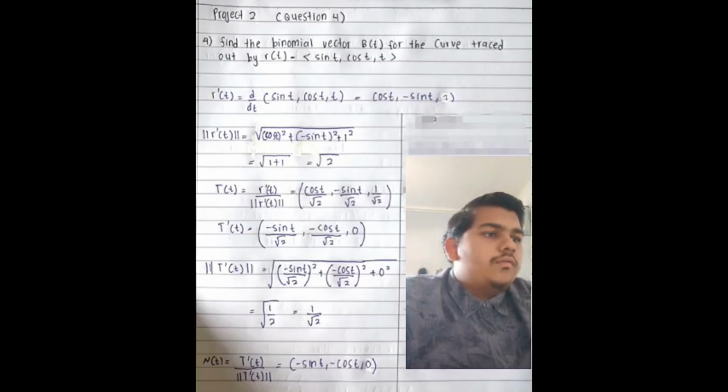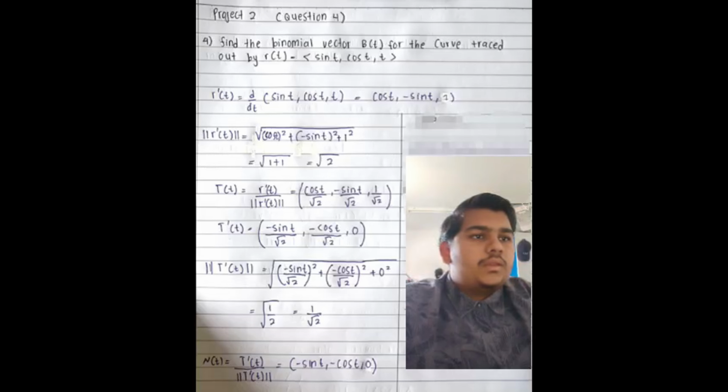First, find the magnitude of T'(t), which is the square root of (-sin t over square root of 2) squared plus (-cos t over square root of 2) squared plus 0 squared, which equals 1 over square root of 2.